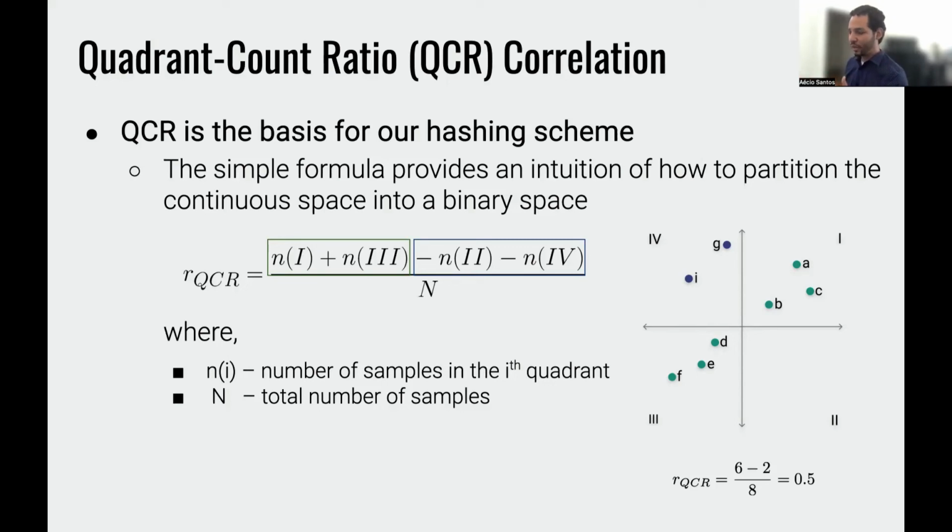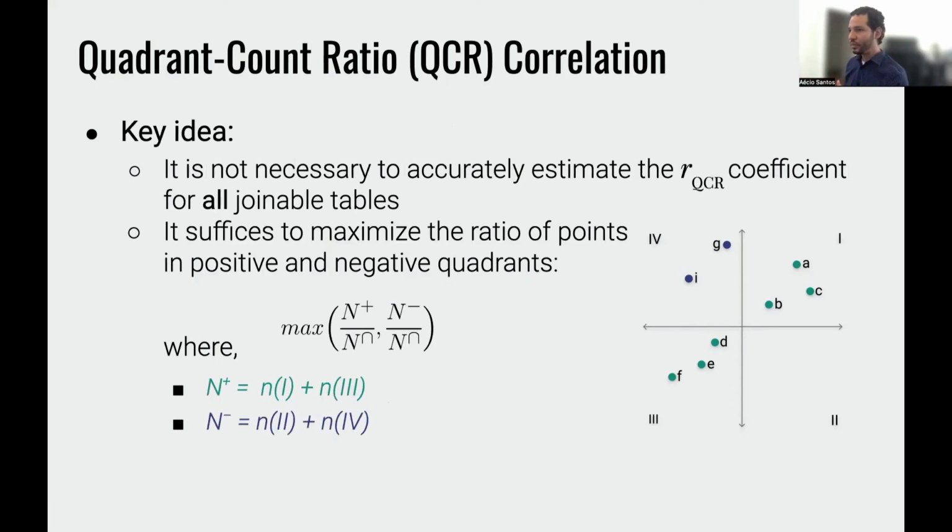So why do we do this, right? The key idea here is that we do not necessarily need to estimate the correlation for every single joinable table in the database. We only need to find the table to have the maximum overlap.